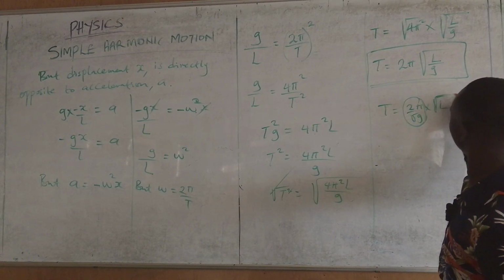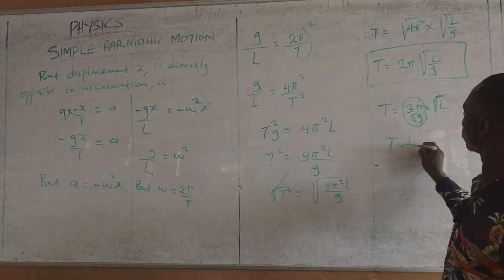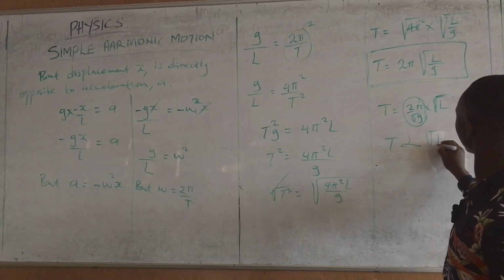So what it means is that T is proportional to square root of L.